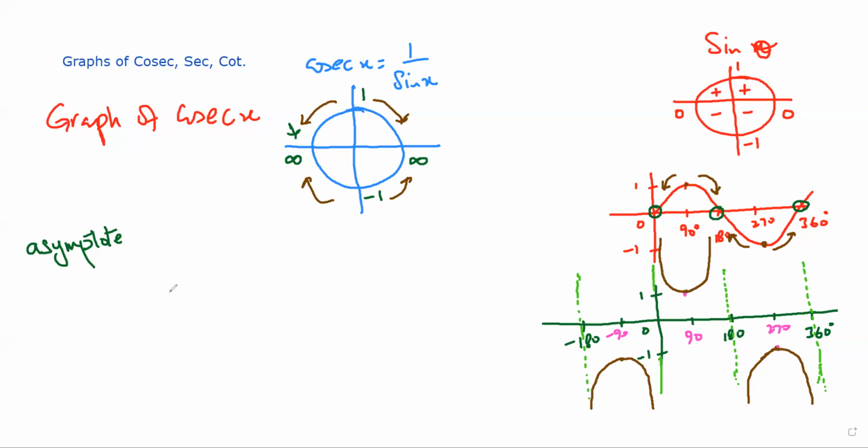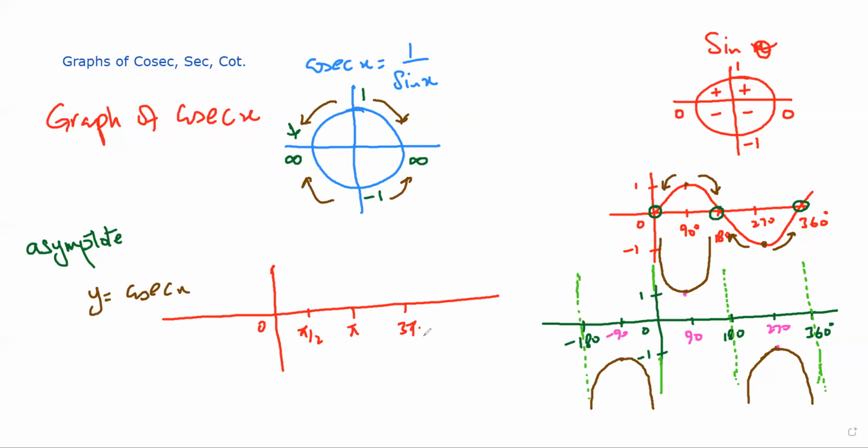Let's draw one more. Let's say you have to draw y equals cosecant x again without using this sine graph. First of all, you have the vertical axis and then the horizontal axis. Here it is 0. Let me mark this in terms of pi. This is pi, this is 3 pi by 2, here it is 2 pi.